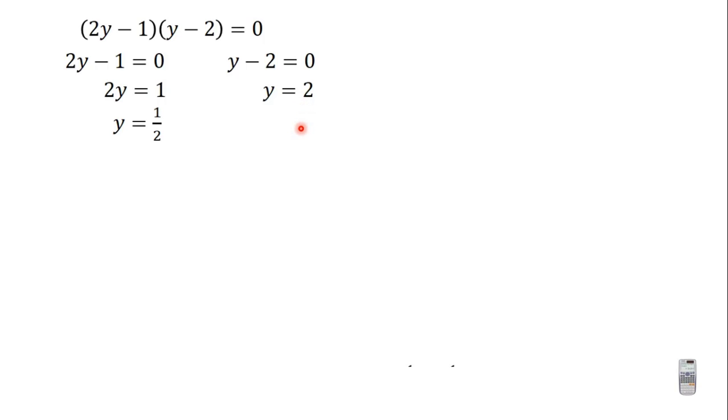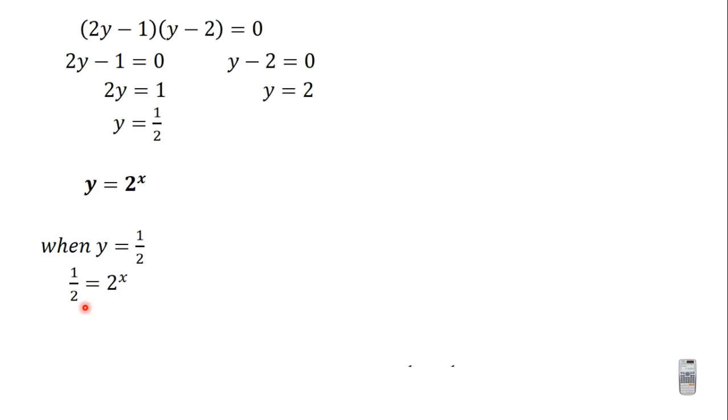So we have found y. Remember, we introduced y. The question told us to find x. But what is y? y is 2 exponent x. So we are going to find x for when y is equal to 1 divided by 2 and when y is equal to 2. When y is equal to 1 divided by 2, you have 1 divided by 2 is equal to 2 exponent x.